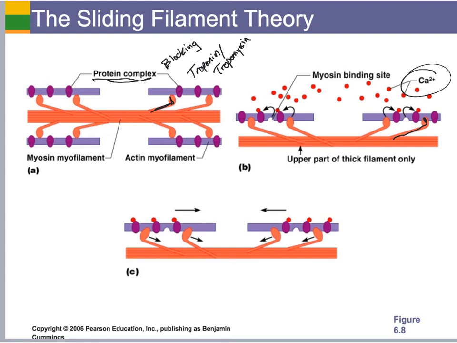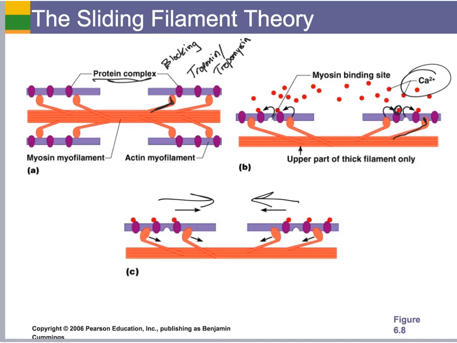And so what happens is that the calcium ions bind to those blocking mechanisms, to the troponin, and move it so that the myosin heads can bind. And the myosin heads then are going to pull the actin filament towards the center of the sarcomere, thereby shortening the muscle, or shortening the sarcomere.